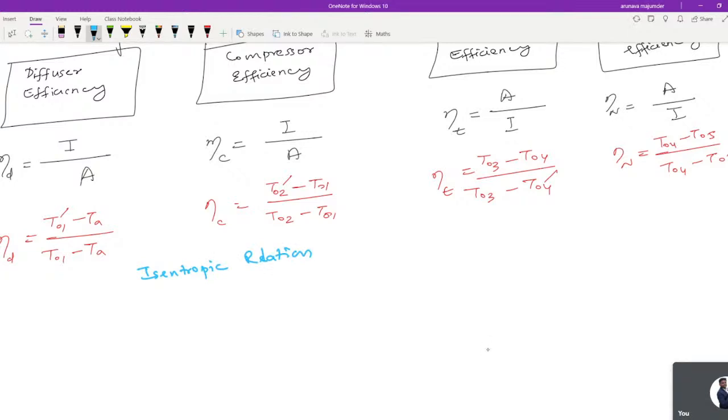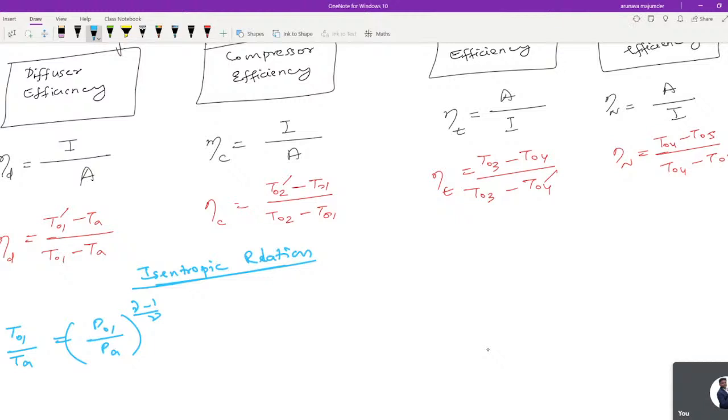So let's first solve the diffuser efficiency. What is isentropic? That means it's a relation between A and T naught 1. So let's write T naught 1 by T A equals P naught 1 by P A to the power gamma minus 1 by gamma, right? Gamma minus 1 by gamma.